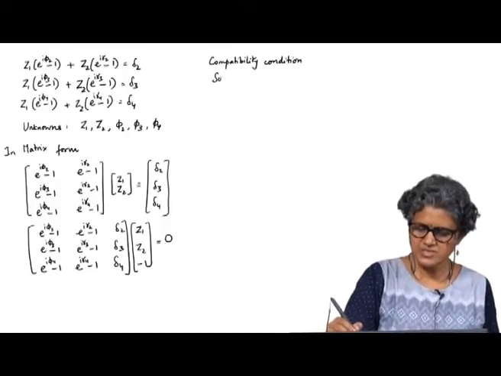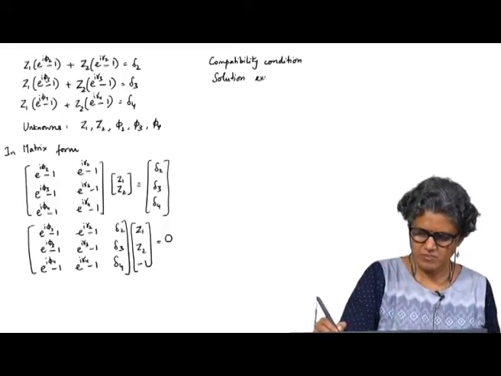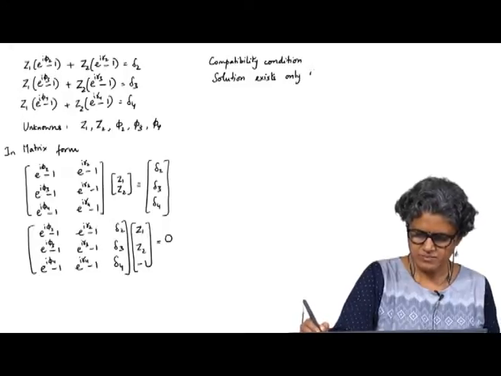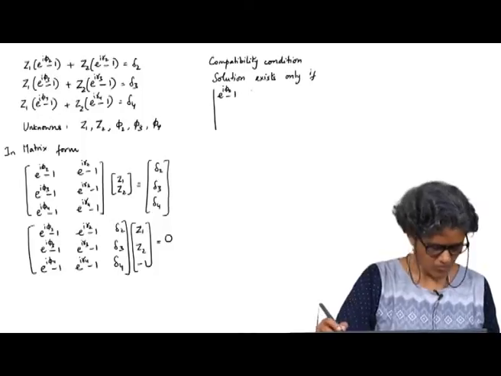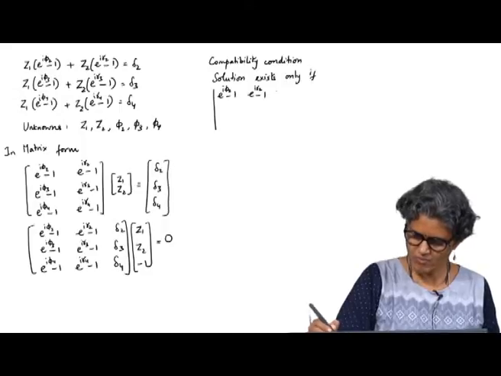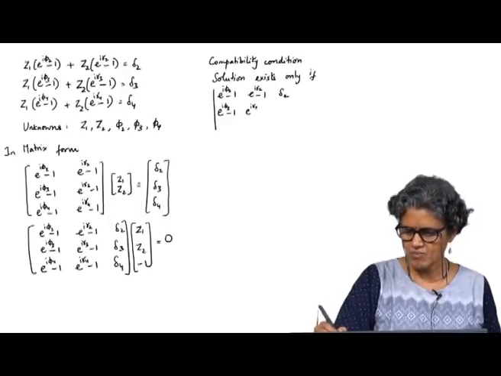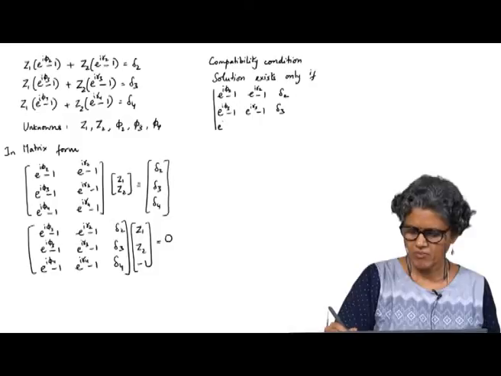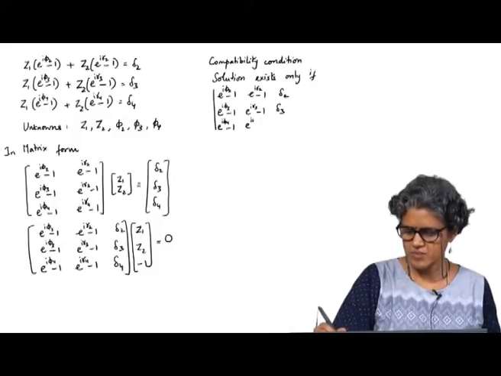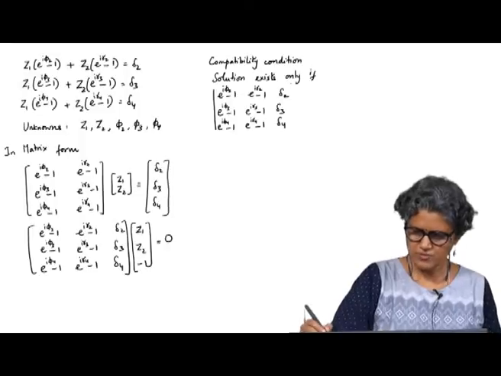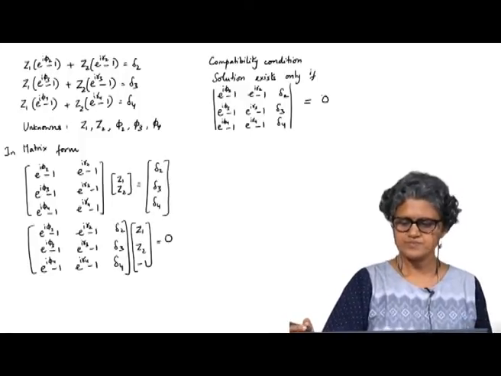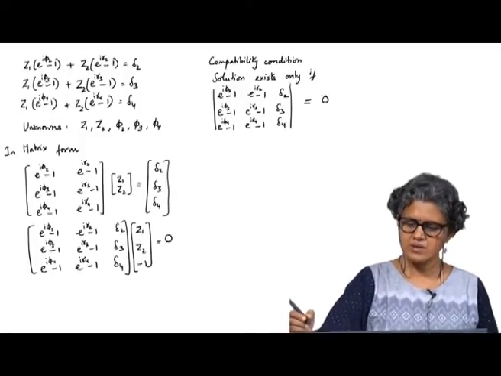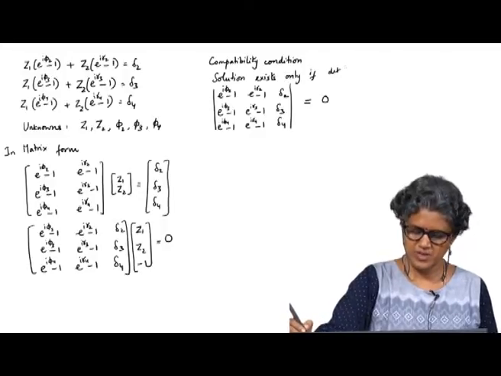The solution to that exists only if this determinant, minus 1 e power I gamma 4 minus 1 delta 4, equal to 0. So, this is the determinant of that matrix.